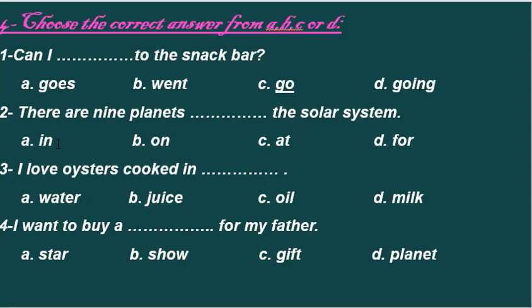So in. Number 3, I love oysters cooked in, yes, oil. Number 4, I want to buy a space for my father, so gift.